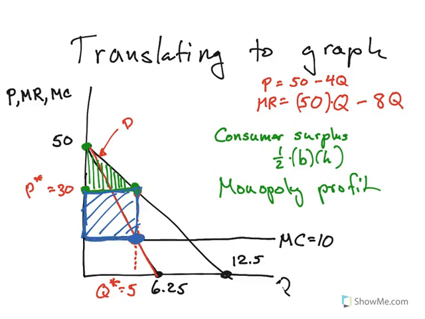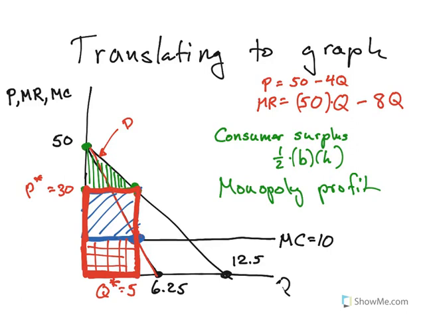That's the difference between the revenue, and let's just be very clear about this. The revenue is price multiplied times the quantity. So this red box.